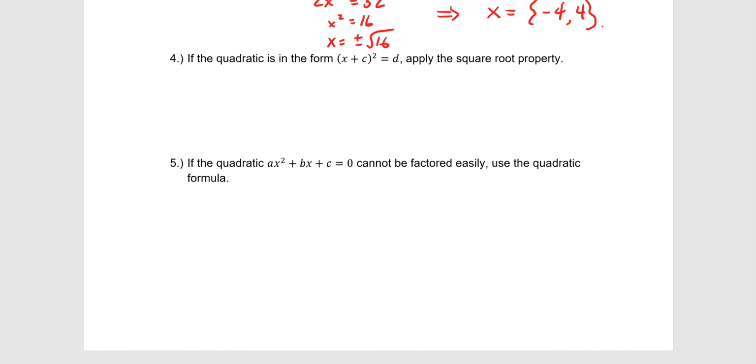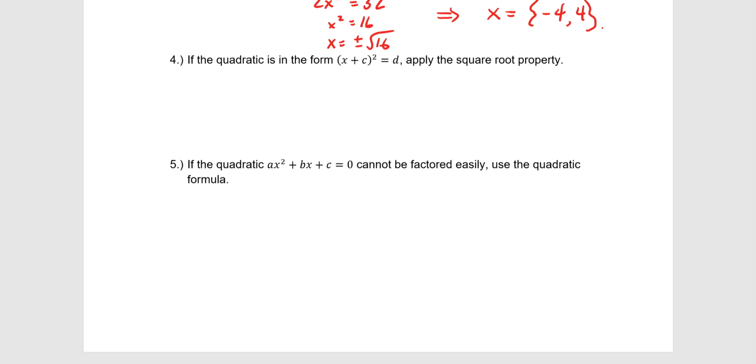For the next one, if the quadratic is in the form x plus c squared equals d, we can apply the square root property and solve for x. For example, if we had x minus 4 squared equals 5, since one side is completely being squared, we can square root both sides right away.